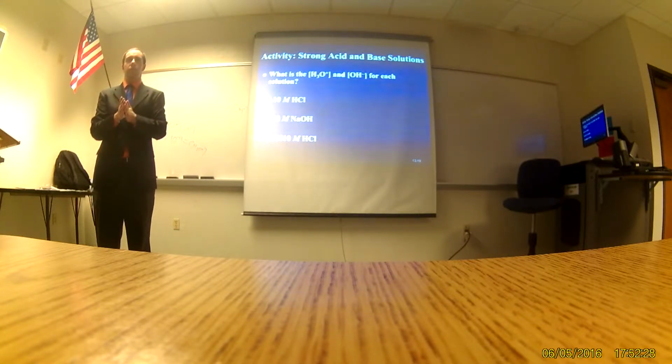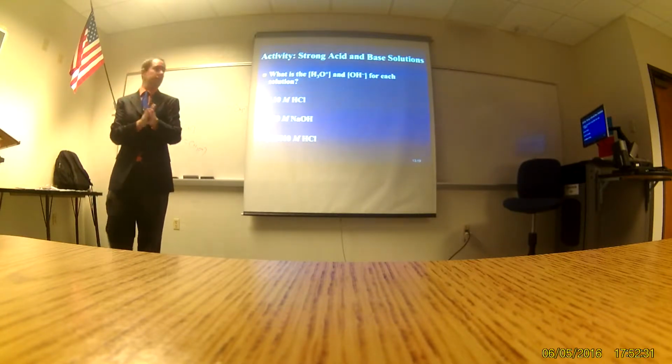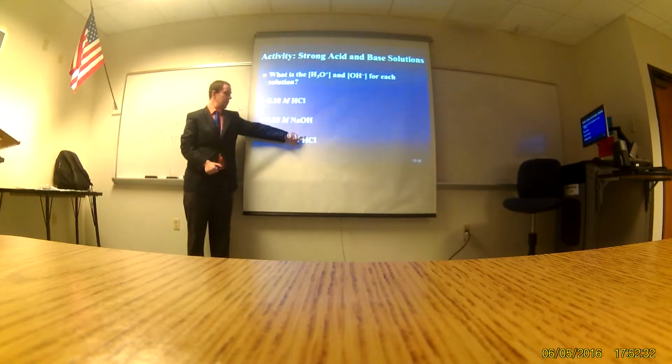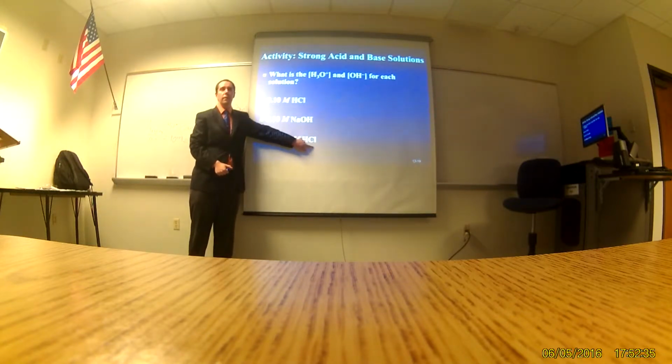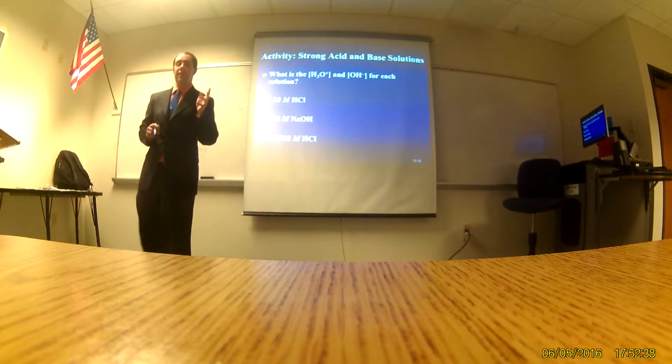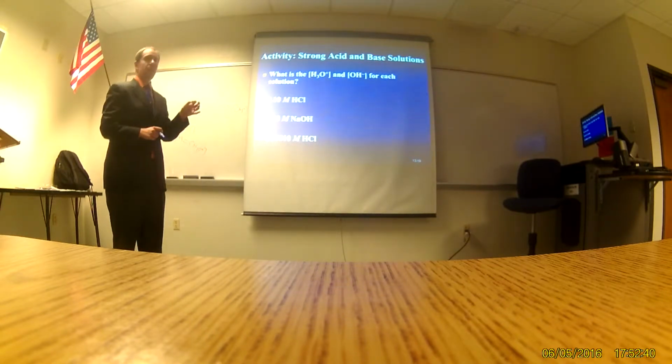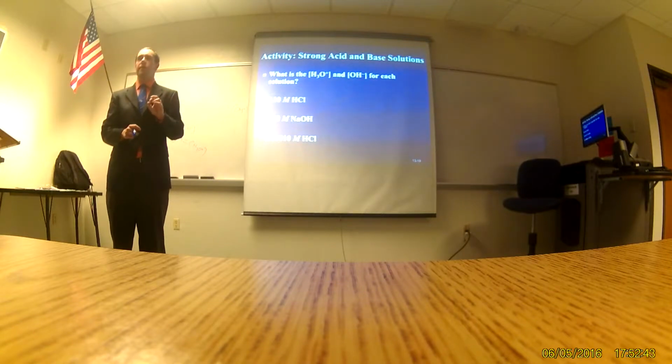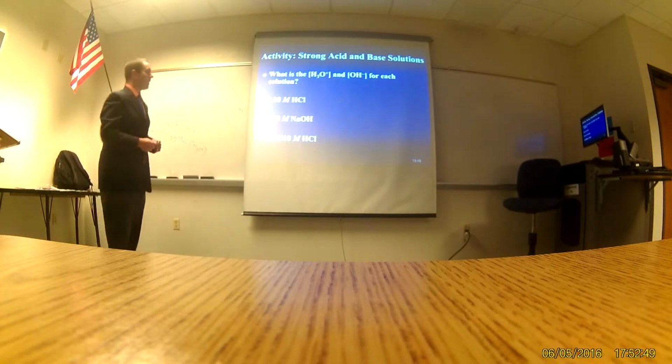H3O plus, because it's an acid, so we get hydrogens out of it. And so if the H3O plus is 10 to the negative 4th, what's the OH minus? 10 to the negative 10. Negative 4 plus negative 10 is negative 14.